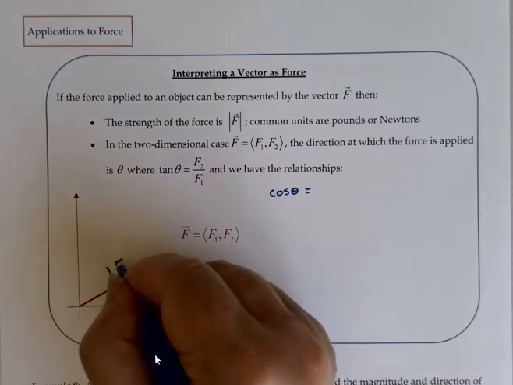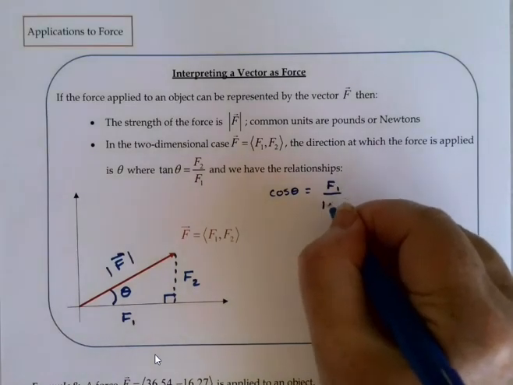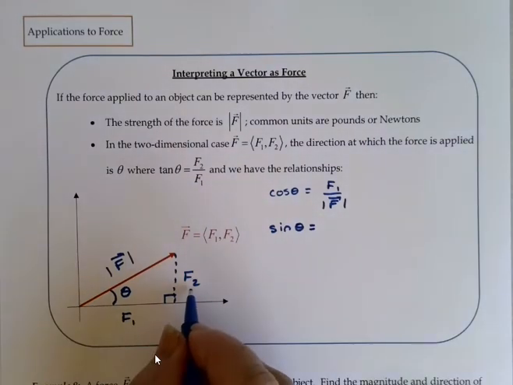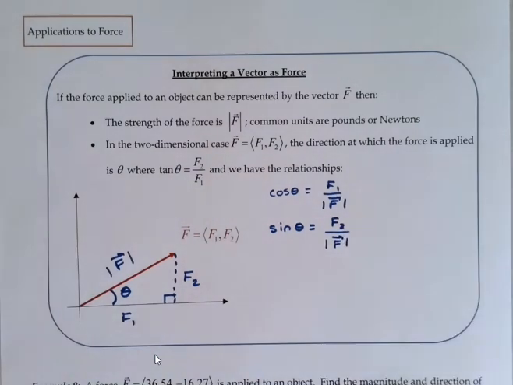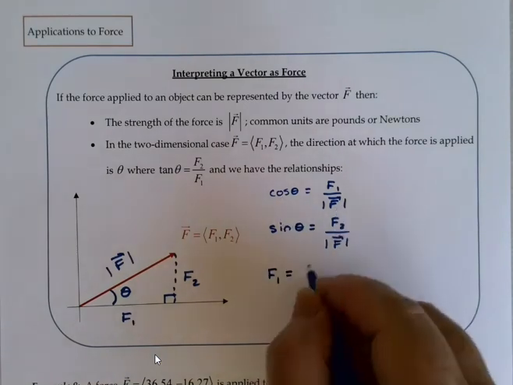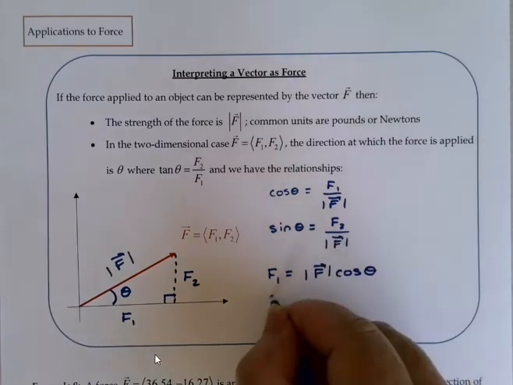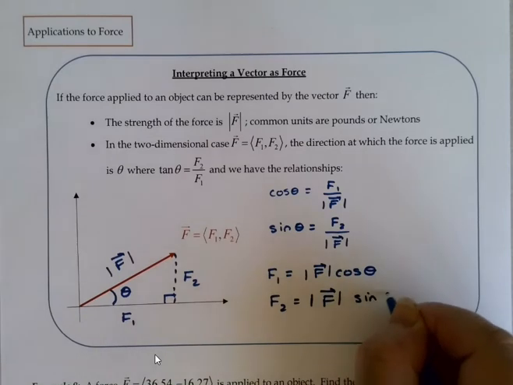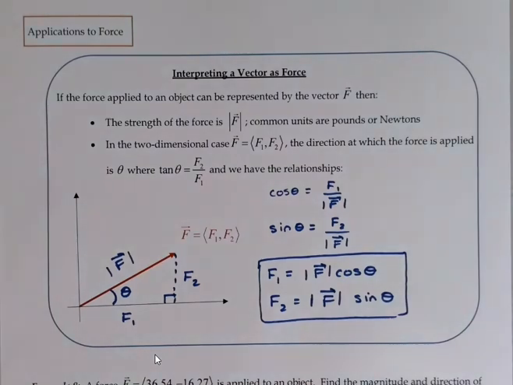The hypotenuse is just the length, magnitude F. And the sine of theta would just be the opposite, F2 over the magnitude of F. And so solving for F1 and F2, we get magnitude F cos theta, and then F2 would be magnitude F sine theta. Again, very much like what we found for the velocity vectors.